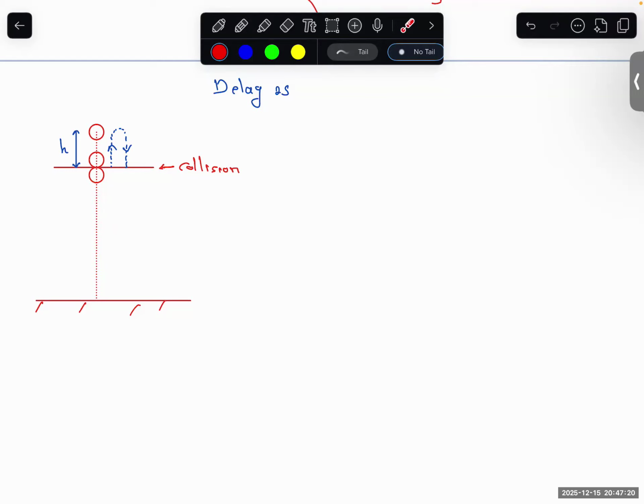The only thing is, the first guy is 2 seconds before the second guy. So this is the extra motion that the first ball has performed. We named it X and the second ball Y.